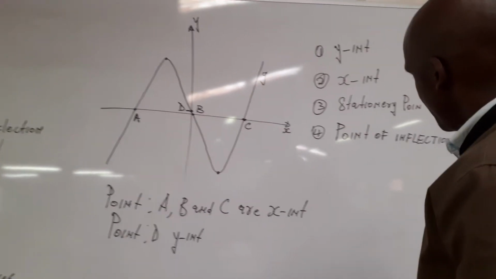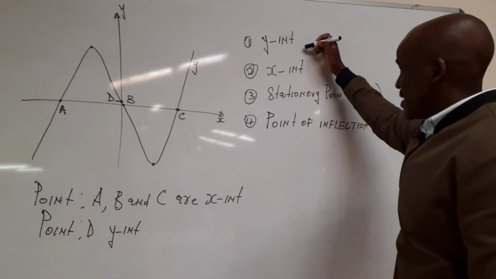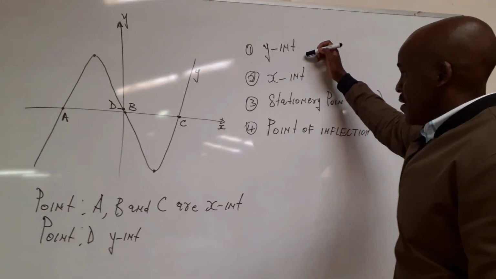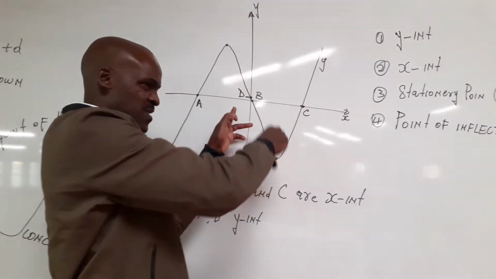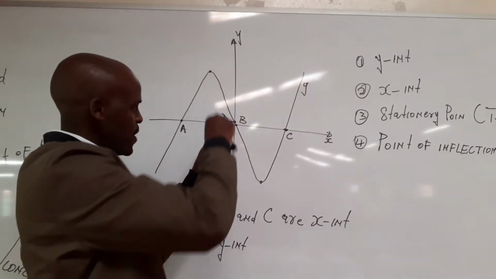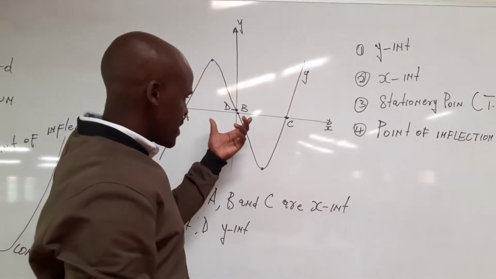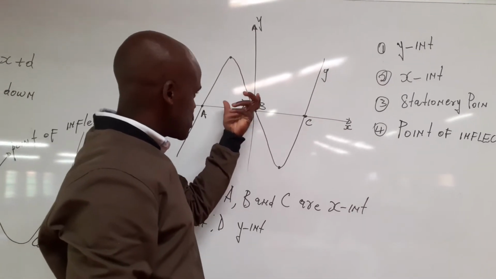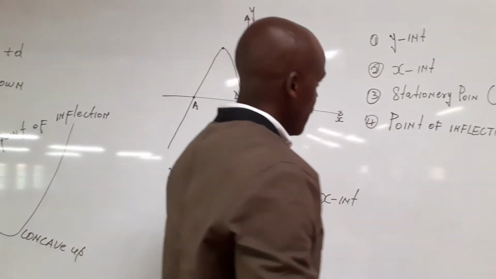Right. The y-intercept is a point where the graph cuts the y-axis. So in a graph, if it has to cut y, it will cut y once only.